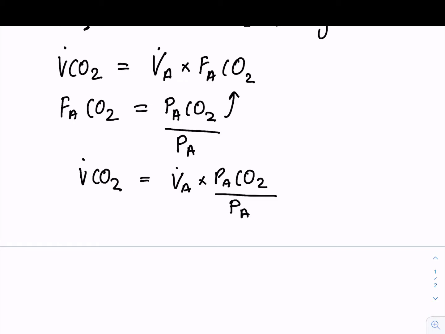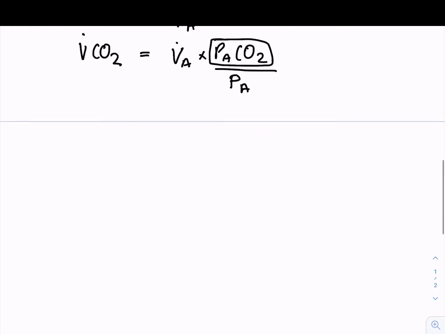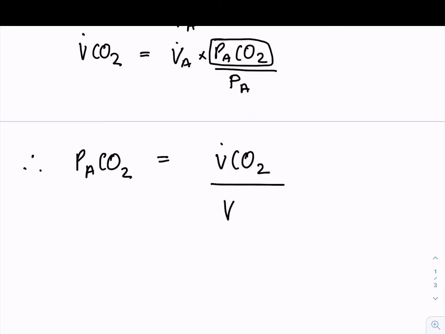So if we rearrange it and solve for this variable here, therefore the amount of carbon dioxide in the alveolus as expressed by partial pressure equals the amount of carbon dioxide produced divided by the alveolar ventilation times the pressure within the alveolus.